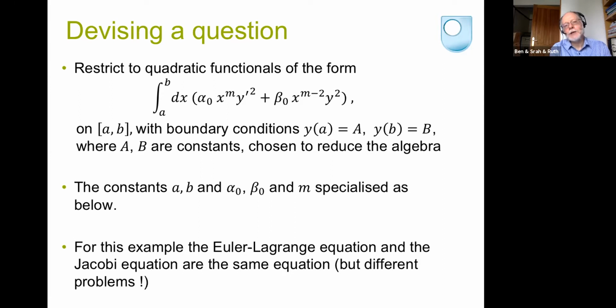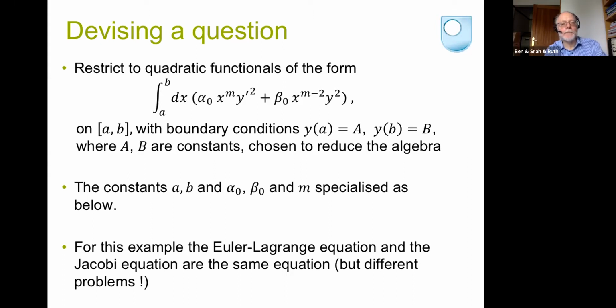So we chose quadratic functionals of this form, quadratic in the dependent variable y and its derivative. This is a typical functional form, sufficiently simple to be tractable, but sufficiently complicated to stretch the students and to teach the material in a variety of contexts.